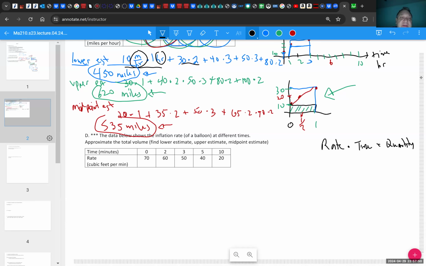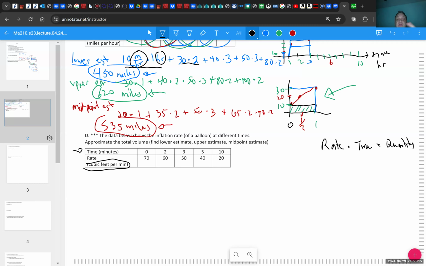It doesn't have to be this. In this last example right here, you notice that I do have time in minutes, but my rate is not in meters per second or meters per minute, or miles per hour or miles per minute. It's cubic feet per minute, right? So what is going on here? Well, the problem says the data below shows the inflation rate of a balloon at different times.